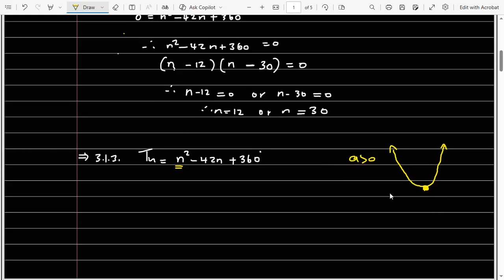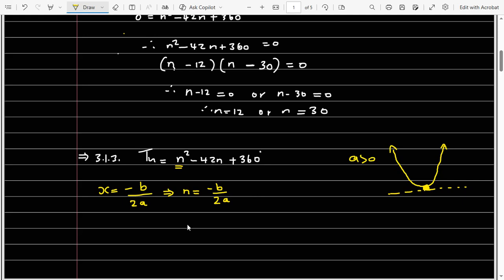As you can see, if this is the lowest point, all the points going up will be greater than that point. To find the turning point in functions, we use the formula x equals minus b over 2a. But in this case, instead of x, the formula is in terms of Tn, so n equals minus b over 2a.